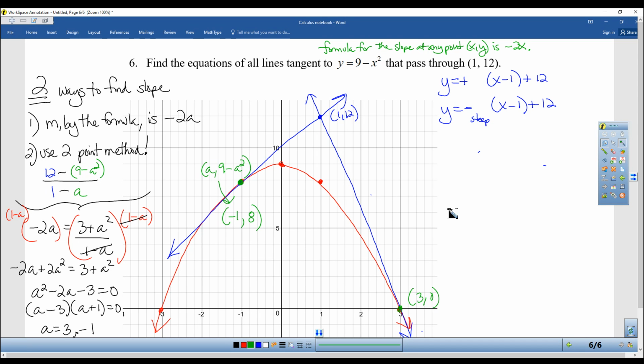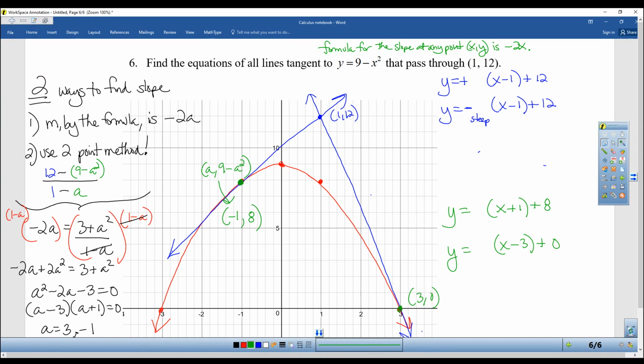So some people actually write the 2 answers differently. Some people are going to write the 2 answers y equals something times x plus 1 plus 8, and y is equal to something times x minus 3 plus 0. In the end, the 2 blue answers and the 2 green answers will produce the exact same thing, but both of them still need slope.